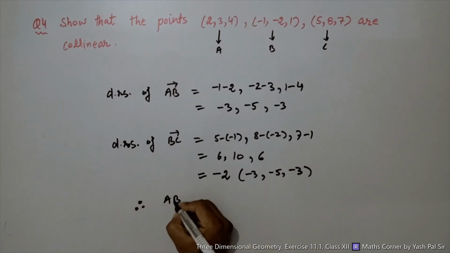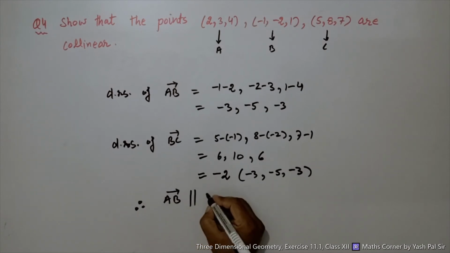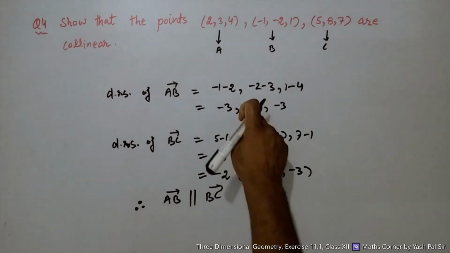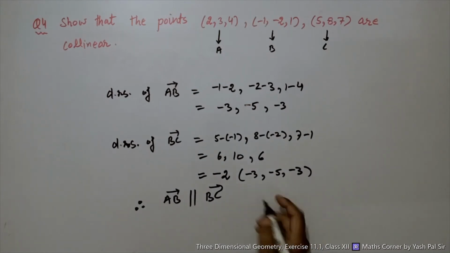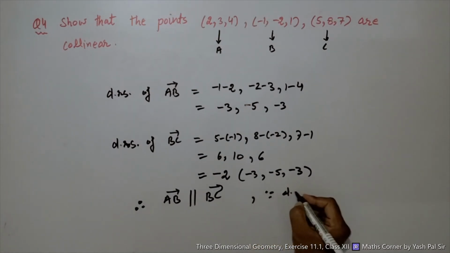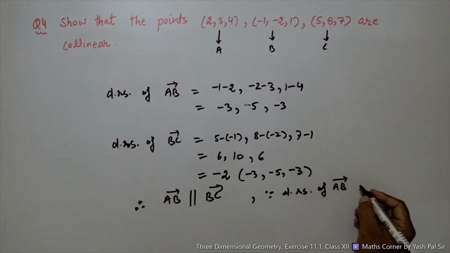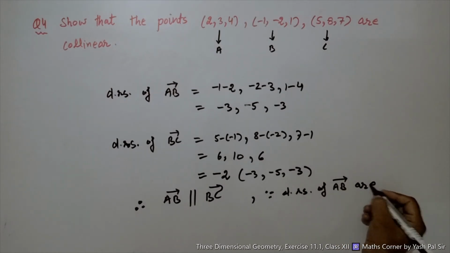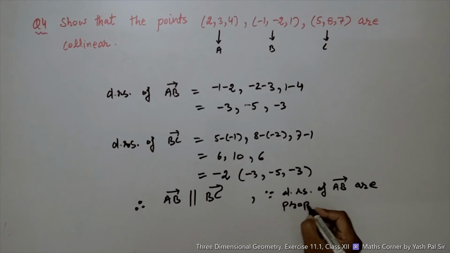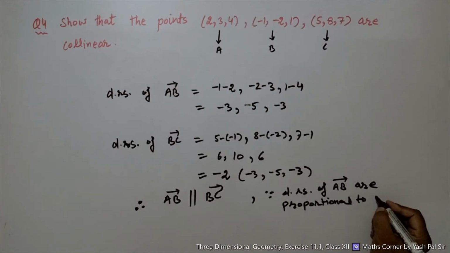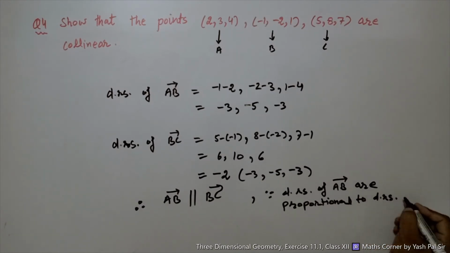Therefore, line segment AB is parallel to line segment BC. This vector is parallel to vector BC. Moreover, because these direction ratios are proportional, direction ratios of AB are proportional to direction ratios of BC.